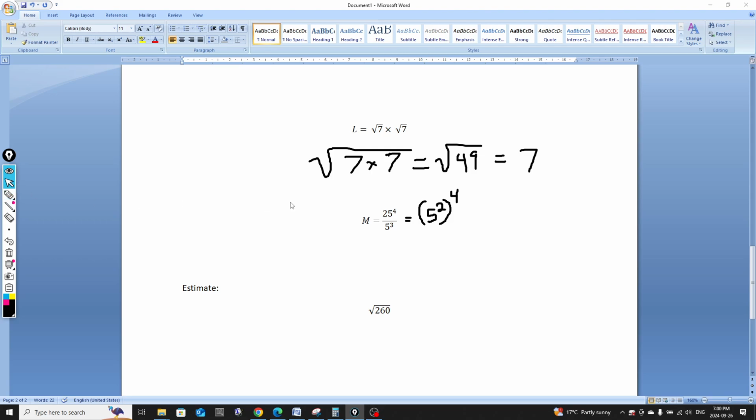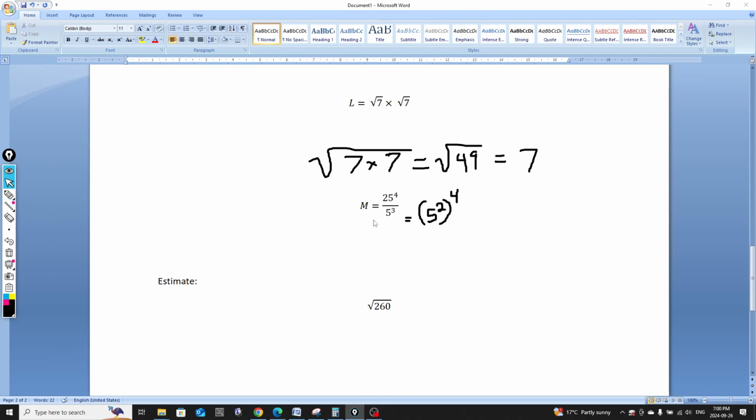I'll just make that a little bigger here. So I've got 25 to the power of 4, which I've expressed as 5 to the power of 2, which is 25, to the power of 4. And in my denominator, I've got 5 to the power of 3.